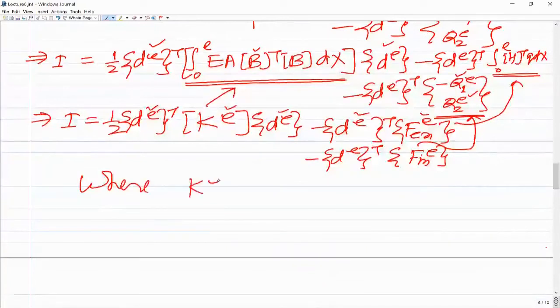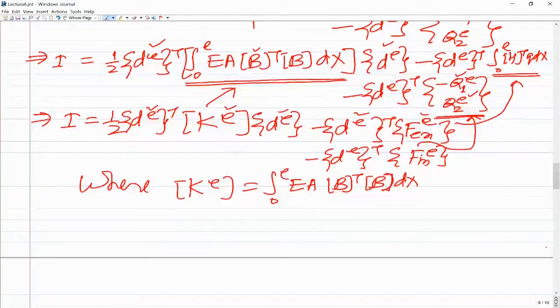Ke is given by the integral from 0 to L^e of EA B transpose B dx. This is known as the element level stiffness matrix, or simply the elemental stiffness matrix, because this is for one element.